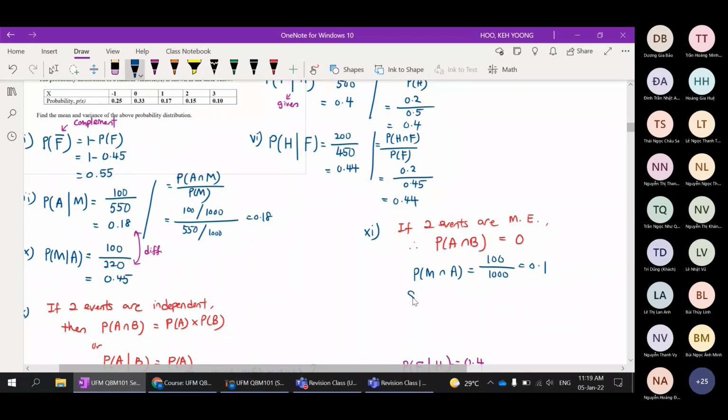Since the joint probability, the intersection, is not equal to 0, therefore meal and accounting are not mutually exclusive, because there is a chance for them to happen at the same time.